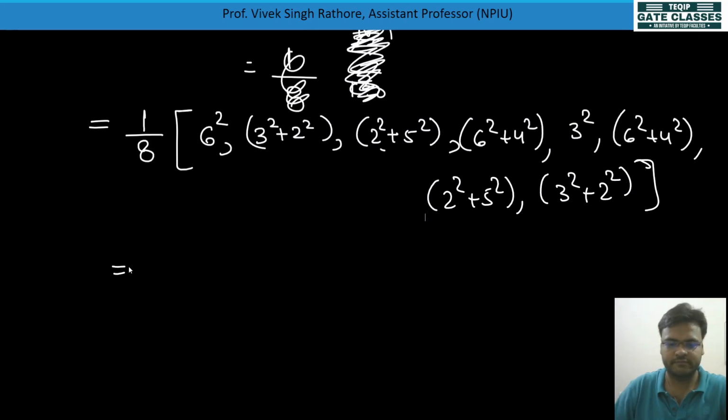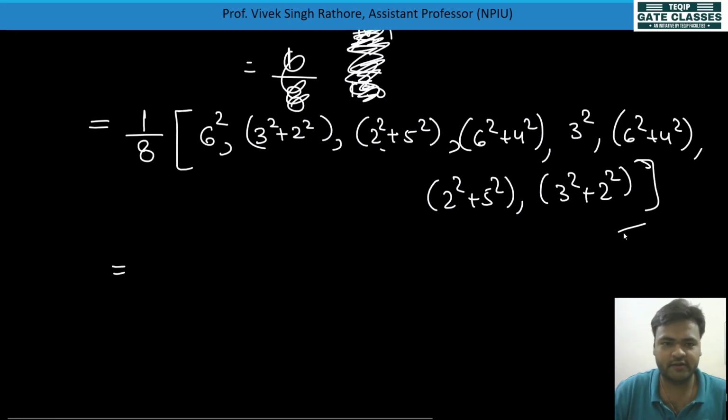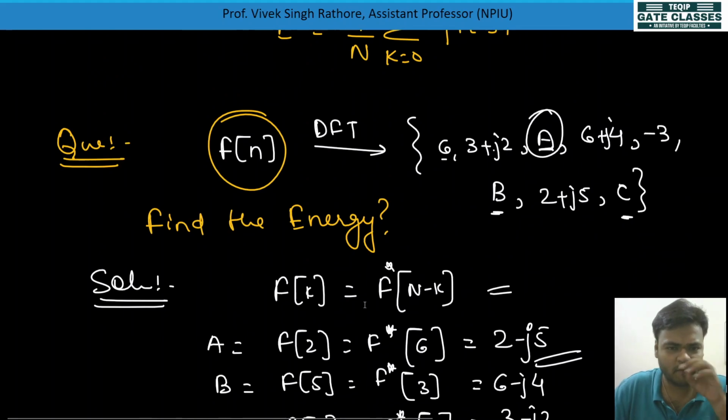So ultimately, these values can be calculated and you can get your answer very easily. So see, you can do it, no problem with that. What was the purpose of telling you this? If you have been given a question f of n and its DFT value is something, and you need to find the energy, one way is to find the energy from f of n, which I have told you in module 1 also, how to calculate the energy of discrete time domain signals.